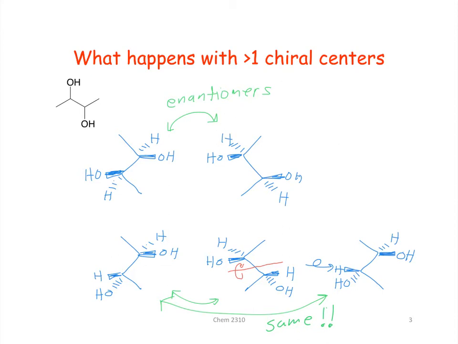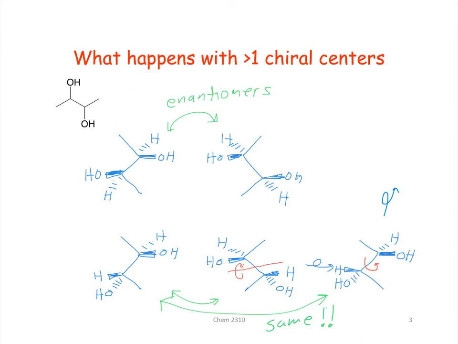Okay, so why would that be? Right, so the reason is that these positions are related by symmetry. So one way that we can see this, okay, I'm going to go back up this way, and what I'm going to do in this case is rotate around this center bond.